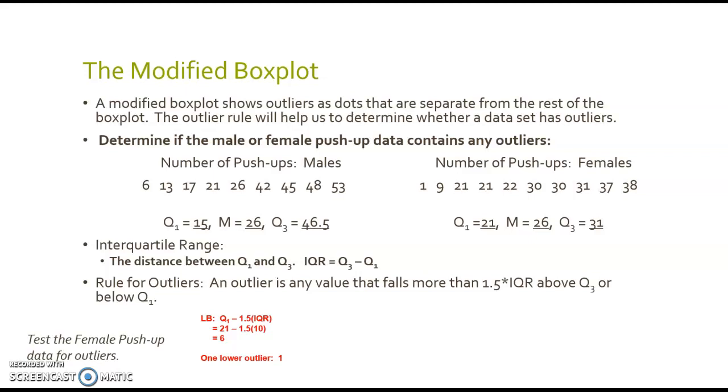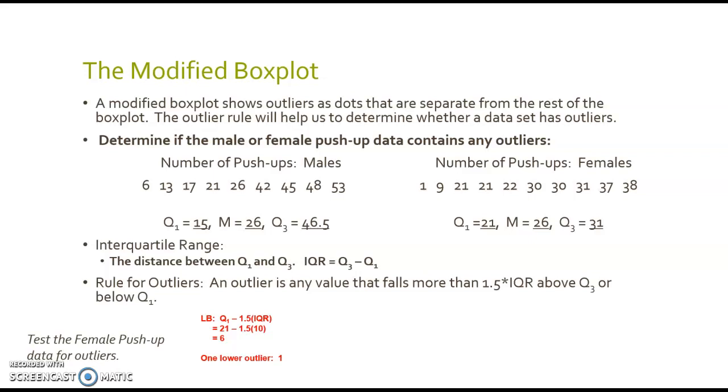The left side of the box is quartile 1, which has a value of 21 for the females. So 21 minus 1.5 IQRs, which would be 1.5 times 10 or 15. 21 minus 15 is 6. That's our lower boundary. Anything that is lower than that is considered an outlier.